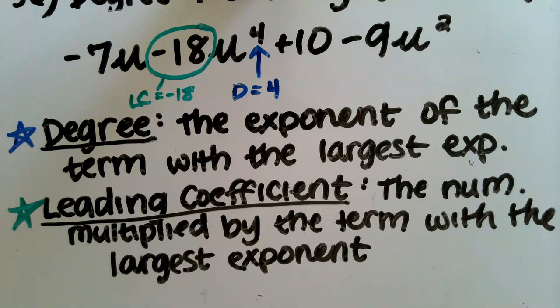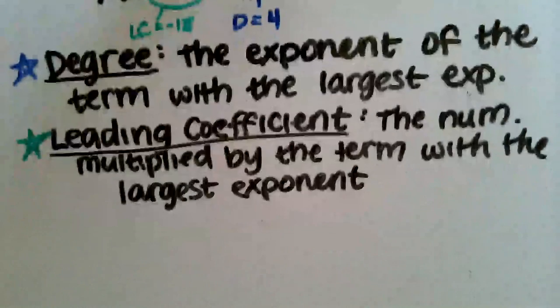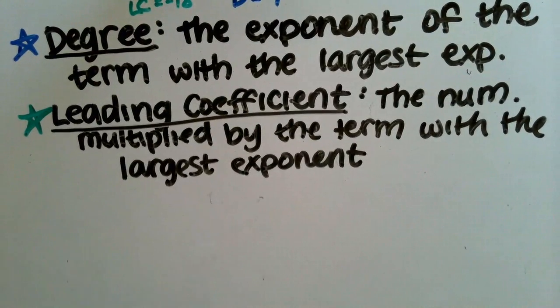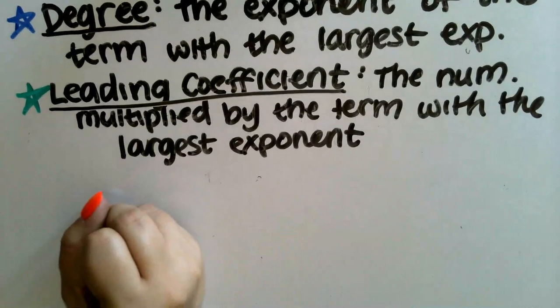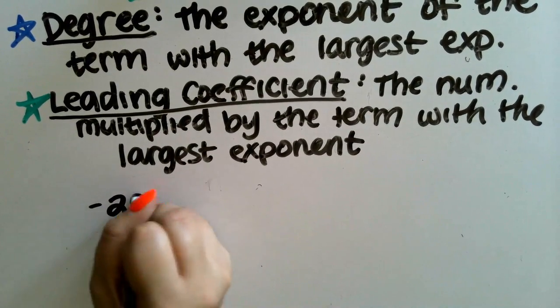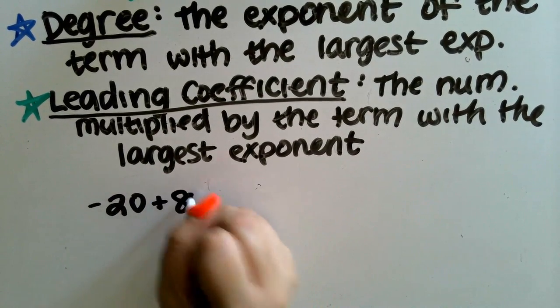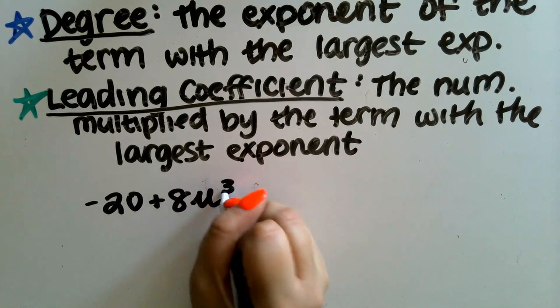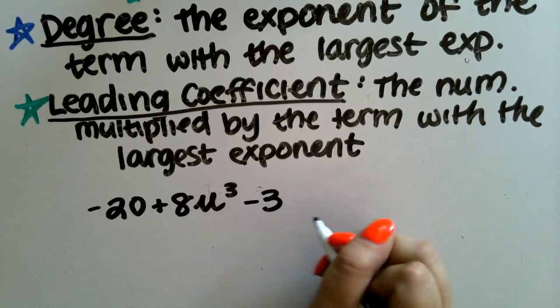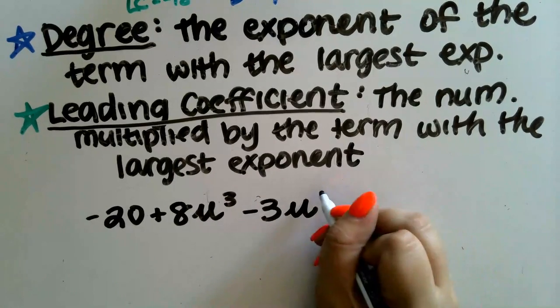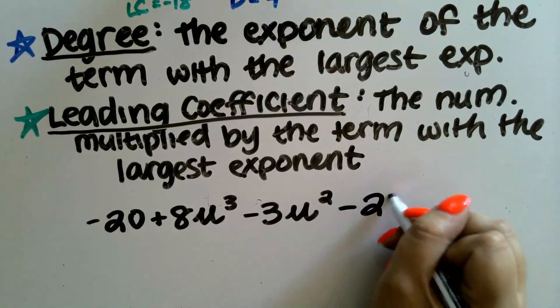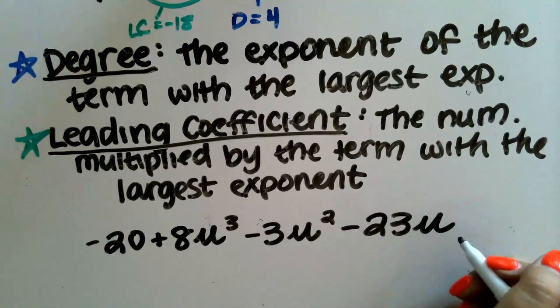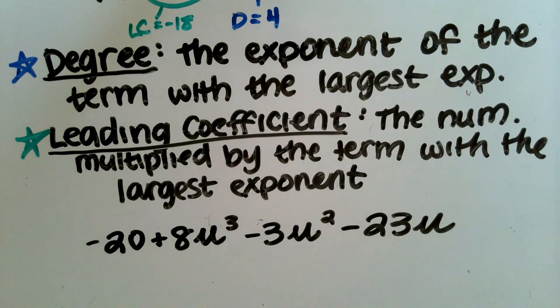Let's go ahead and write out one more polynomial just so that we are super crystal clear on what it is. We have this time negative 20 plus 8u to the third minus 3u squared minus 23u. Okay, so first up, our degree, remember we're looking for that term with the largest exponent here.